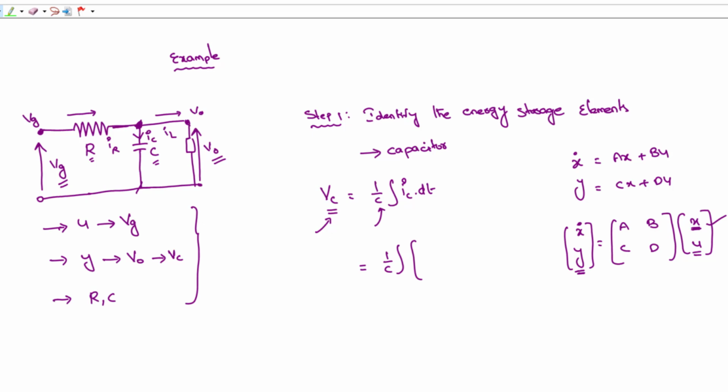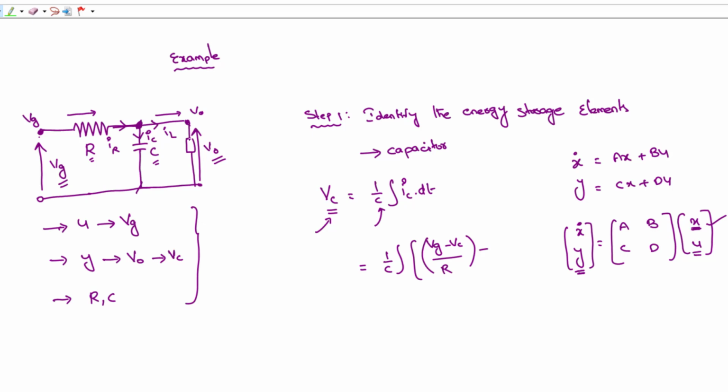As per KCL, incoming currents are equal to outgoing currents. So the current that is coming here, IR, is equal to IC and IL. So IC is equal to IR minus IL. IR is equal to Vg minus Vc divided by R. That is simple.